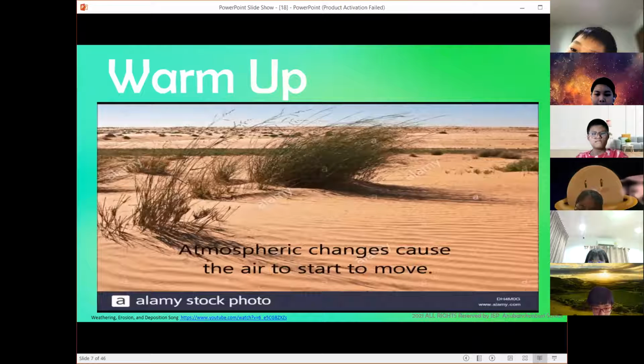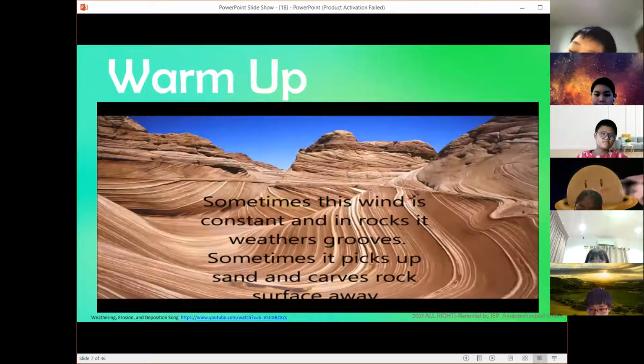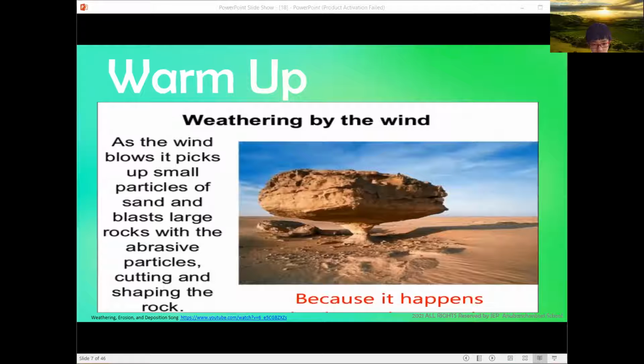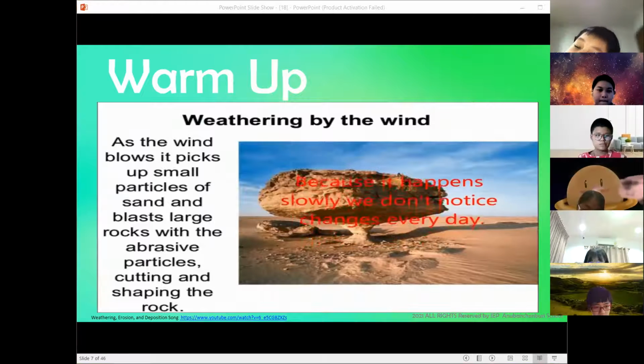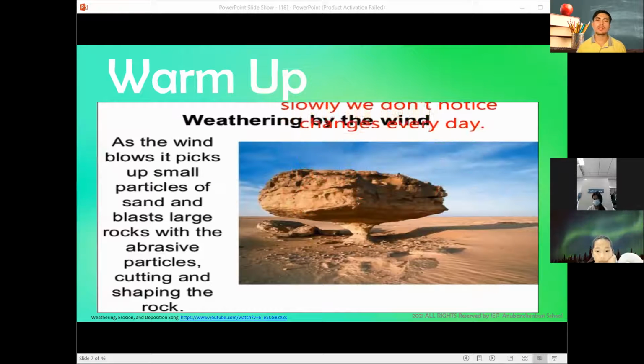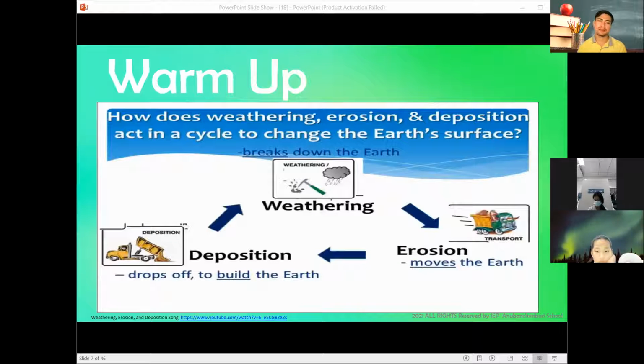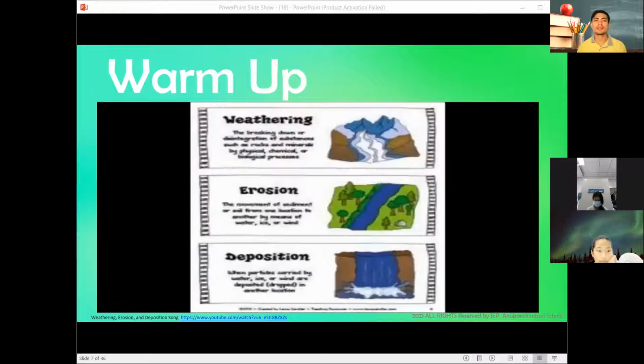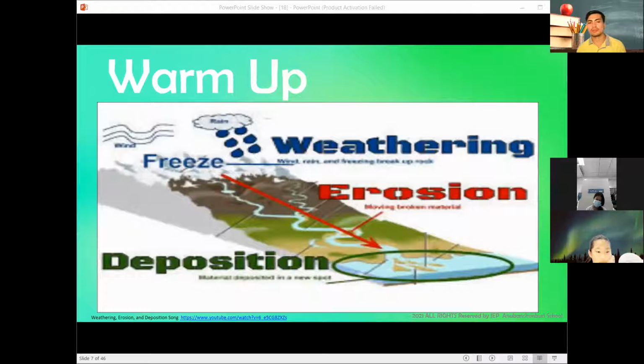Atmospheric changes cause the air to start to move. Sometimes this wind is constant and in rocks it weathers grooves. Sometimes it picks up sand and carves the rock surface away. Because it happens slowly, we don't notice changes every day. Weathering, erosion, and deposition. How did this sediment end up in this position? The force of gravity is always pulling things down. Water, wind, and ice are always giving rocks a good breakdown.